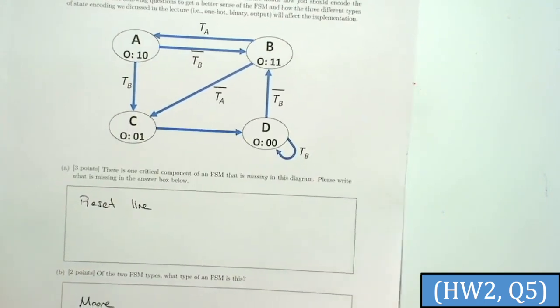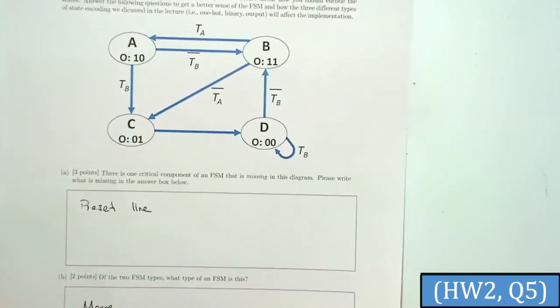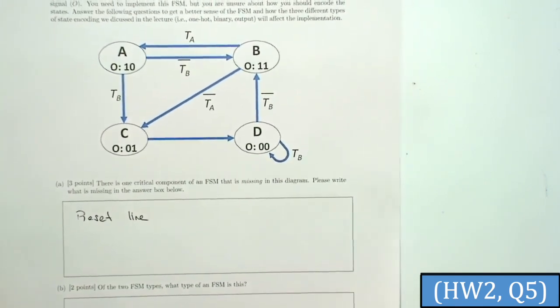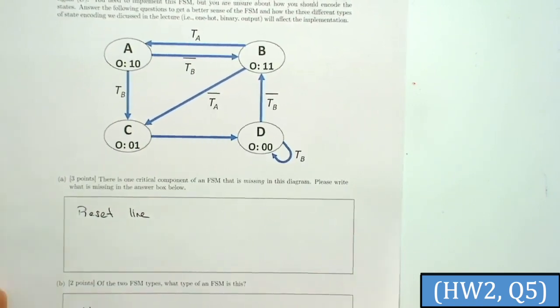Could you also say that, I'm not 100% sure, but I think in the book it says the reset line is not necessarily needed, that you need an initial state. Is that what may be missing? Yes, with the reset line, we basically define the initial state. Okay, so the reset line implies the initial state. Yes, this is true. But couldn't we also just have an initial state without a reset line? I doubt it, actually.